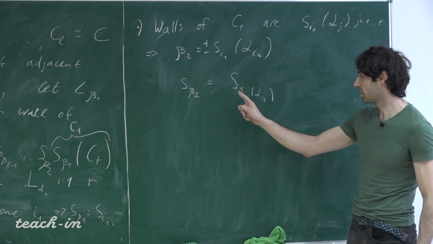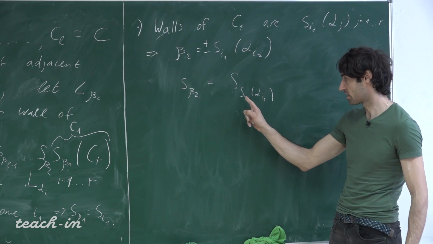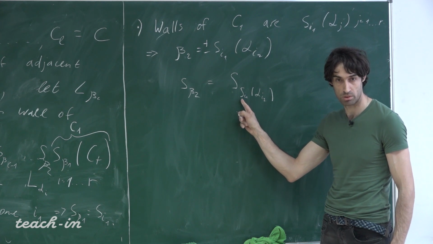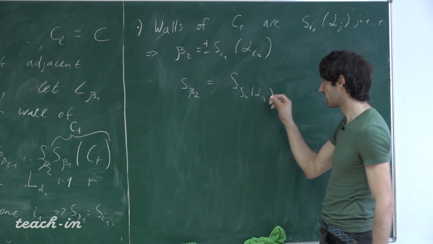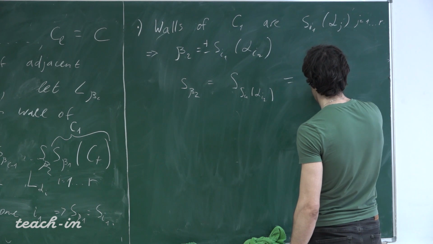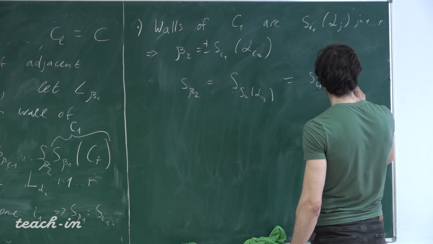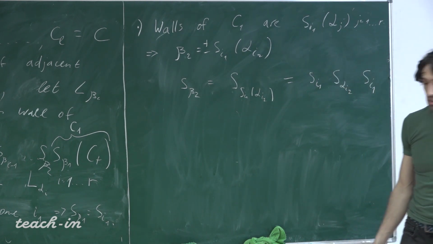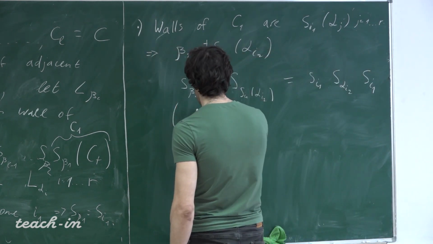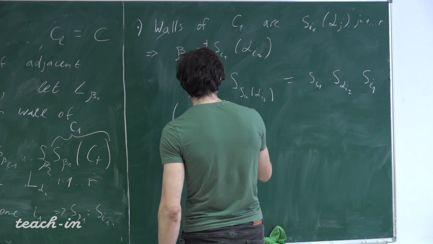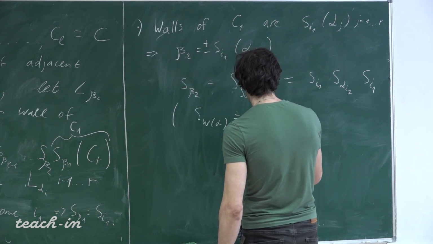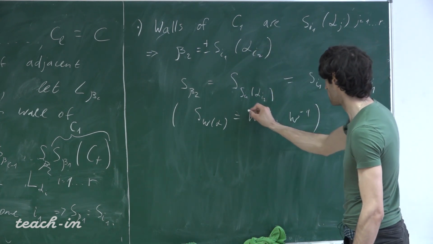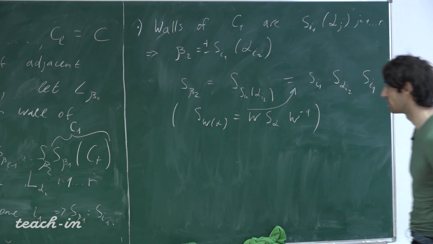But remember, if I take a reflection with respect to some root and apply to this root some element of W, then I can write it like this: Si1, S alpha I2, Si1. Right? We had this proposition before that S W of alpha is W S alpha W inverse. So that's what I'm applying here.